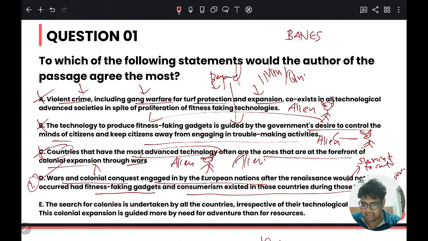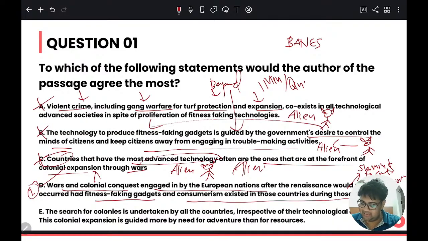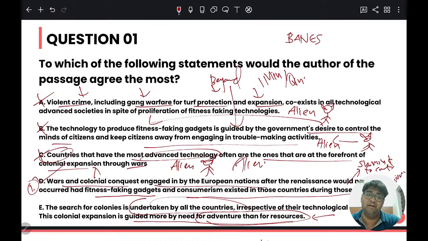Search for colonies is undertaken by all countries with respect to technological expansion. The colonial expansion is guided more by the need for adventure than for resources. No saying that the search for colonies is undertaken by all countries. We were all talking about Fermi's paradox. Even we don't know what Fermi's paradox is.